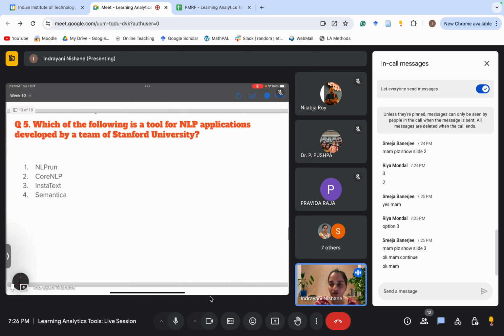Now question 5. Which of the following is a tool for NLP applications developed by a team at Stanford University? So this is also one of the scoring questions. If you have gone through the lectures, then you will be able to answer this question.